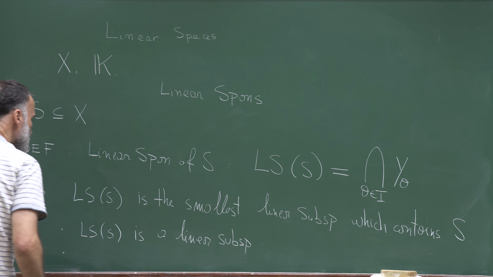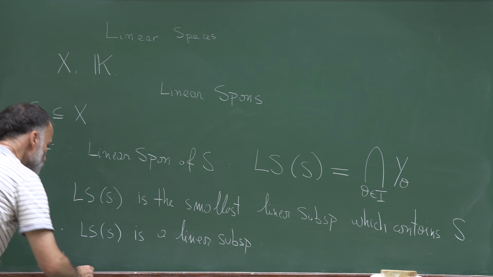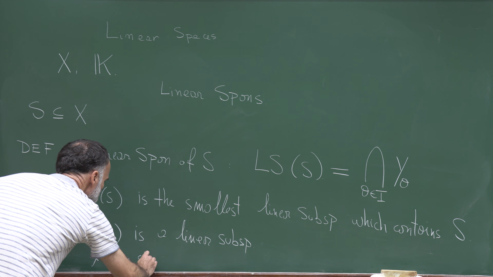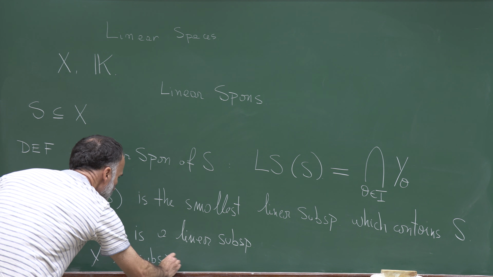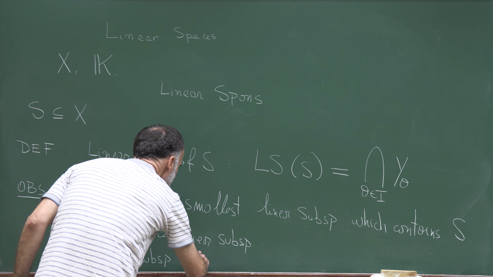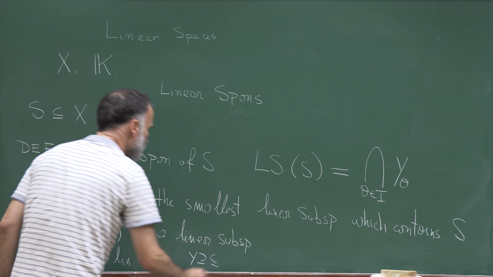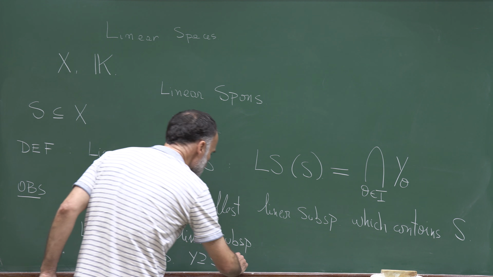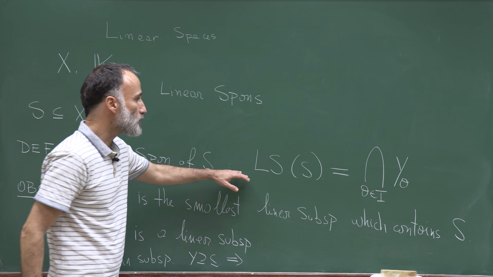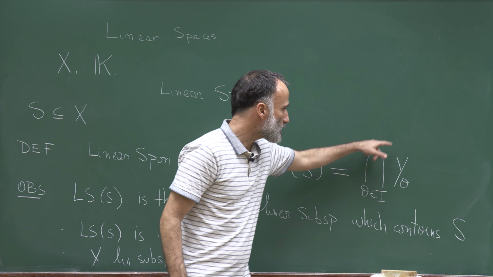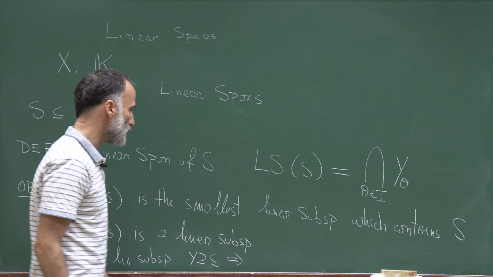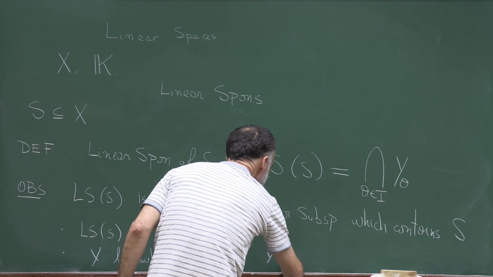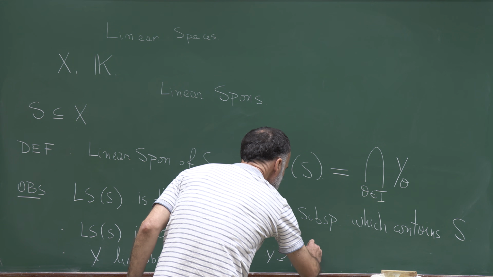Now, assume that we have Y, which is a linear subspace, and assume that Y contains S. But then this means, by definition, that Y is one of the elements which appears in this intersection, and therefore Y contains the intersection.